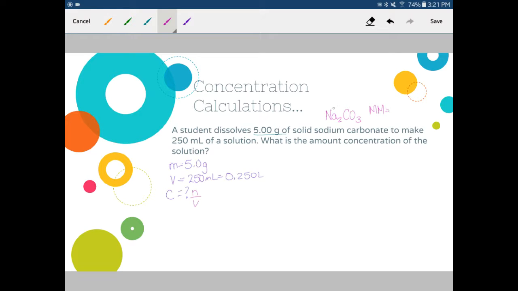If you don't know how to calculate molar mass, you probably need to go back and figure that out, so please do ensure you know how to calculate molar mass. It's 105.99 grams per mole.